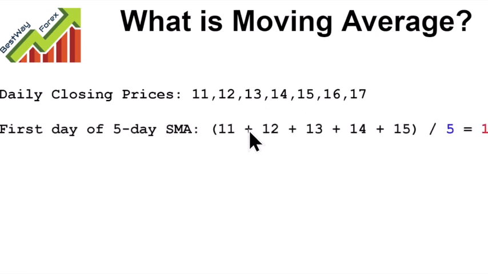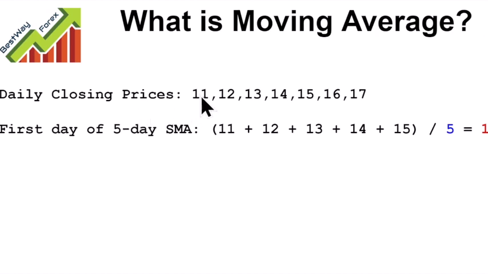Let's say that we have a moving average with a period of 5 days. So 5 days is our SMA period, which you will see in most moving averages, where you have to set that period. What this basically means is that we take the prices of 5 days, add them together, and then divide that by 5.